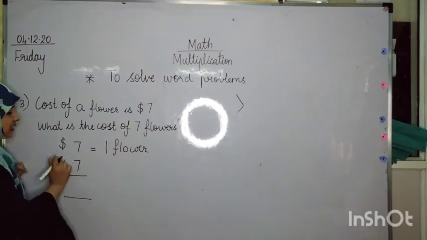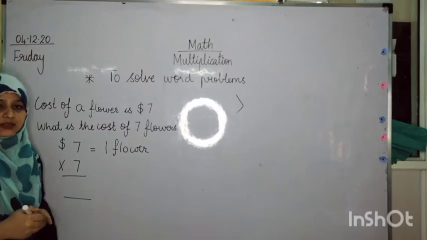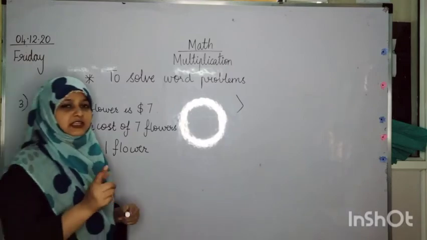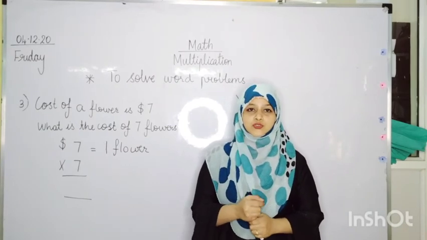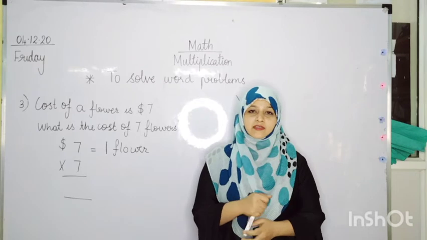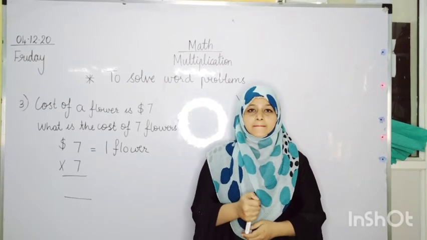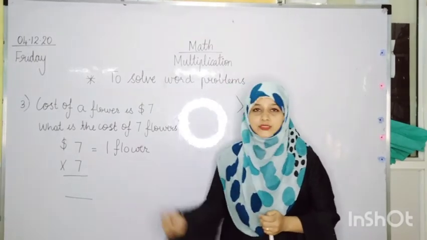So we will start seeing the table of 7. 7 ones are 7, 7 twos are 14, 7 threes are 21, 7 fours are 28, 7 fives are 35, 7 sixes are 42, 7 sevens are 49.